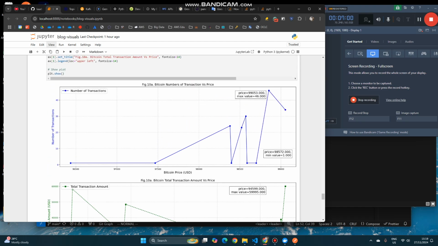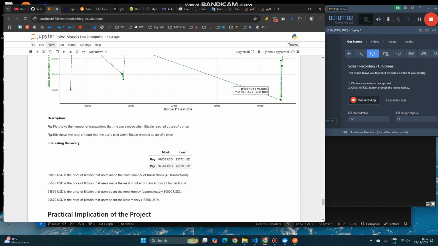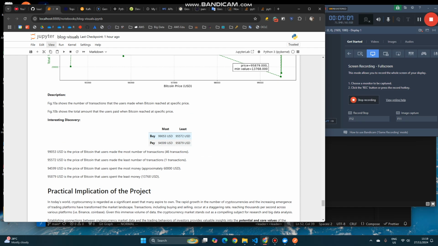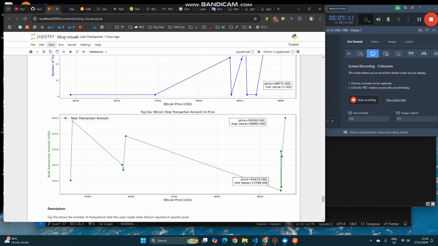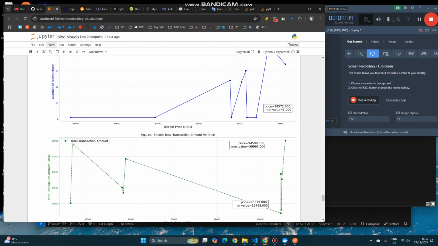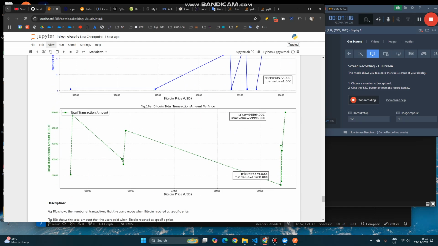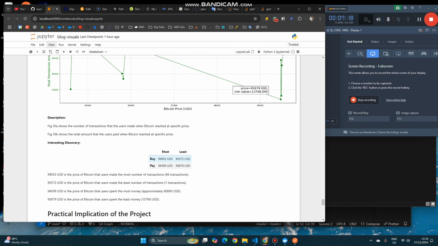And with these charts, I found the metrics here. So at 99,000 USD, the users make the most transactions, 46 transactions, and at $95,000, the users make the least, only one transaction.